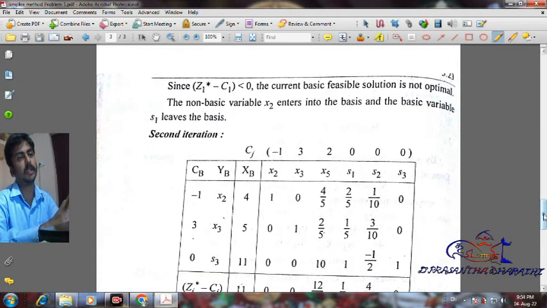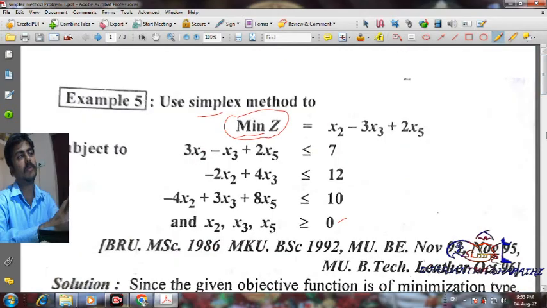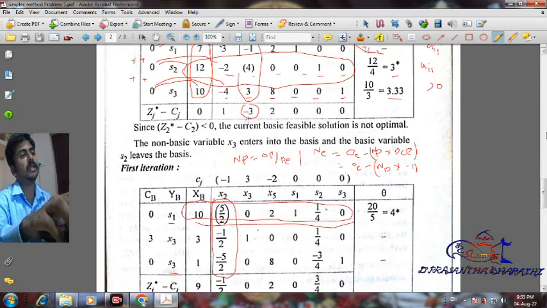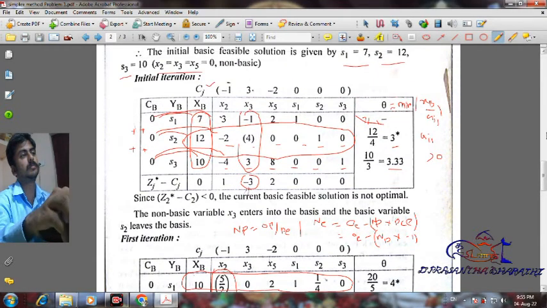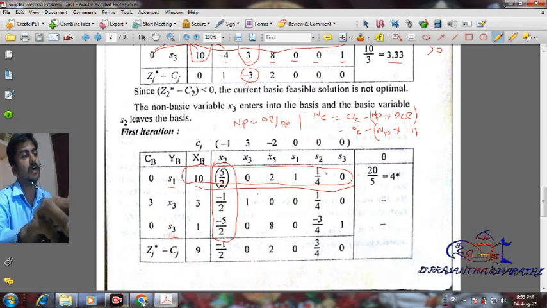The important thing we want to know is, whenever we are having a pivot element, here the pivot element appears in S2, so S2 becomes the leaving variable and X3 becomes the entering variable. So we want to remove this S2 and we want to have X3 here, and the coefficient of X3 also comes here. That is what we are having in the second iteration.